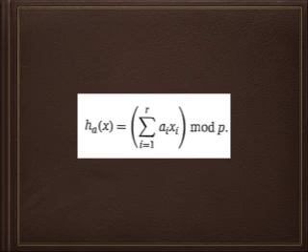13.23. Let ℋ be a universal class of hash functions, mapping a universe U to the set 0, 1, 2, 3, until n minus 1. Let S be an arbitrary subset of U of size at most n, and let u be any element in U. We define X to be a random variable equal to the number of elements s in S for which h(s) equals h(u), for a random choice of hash function h in ℋ.